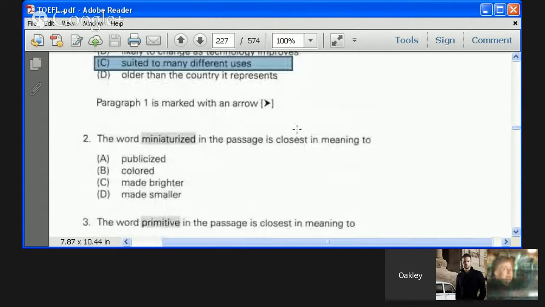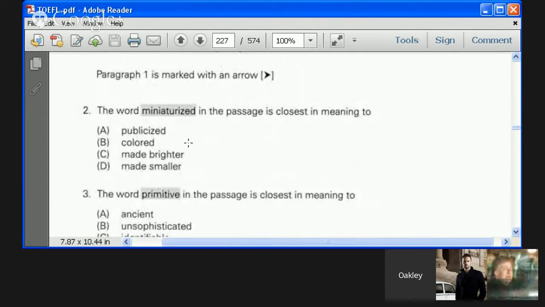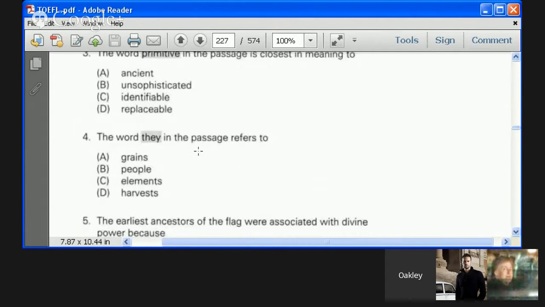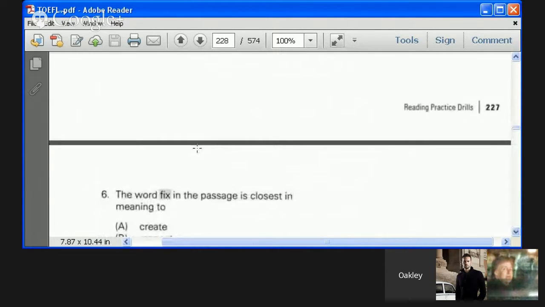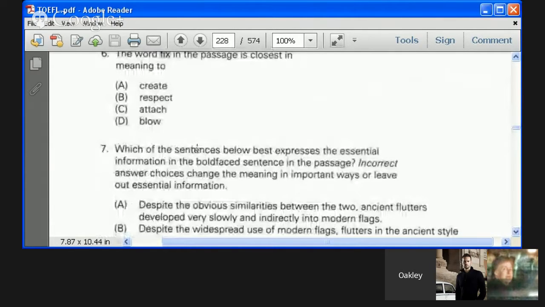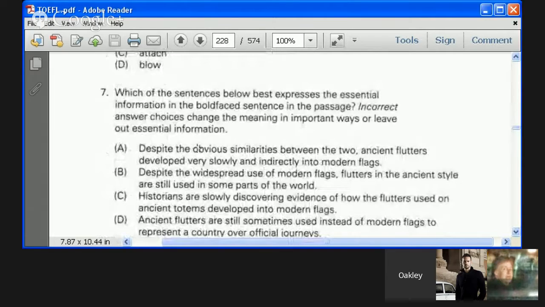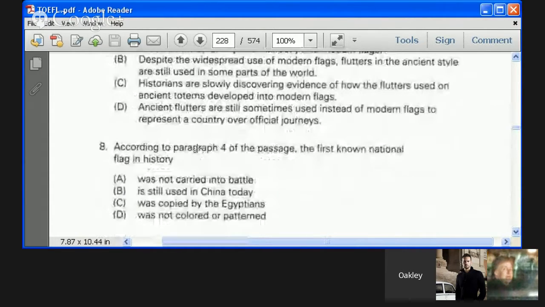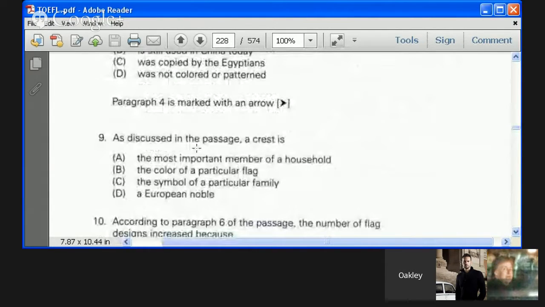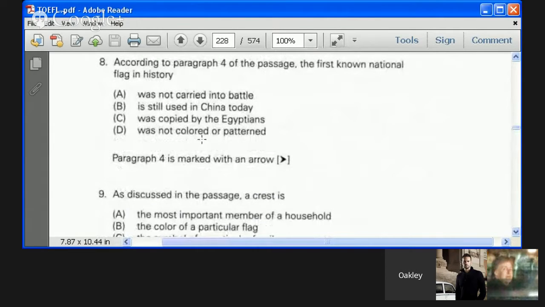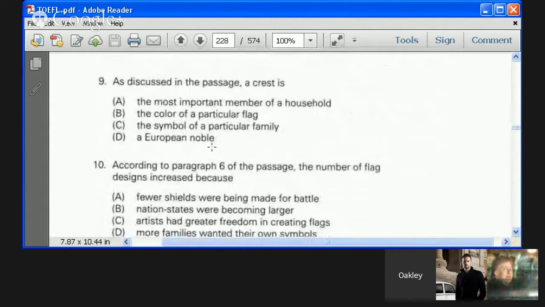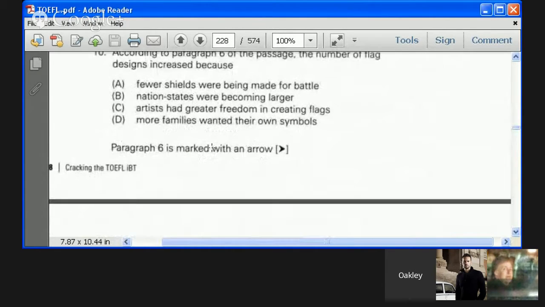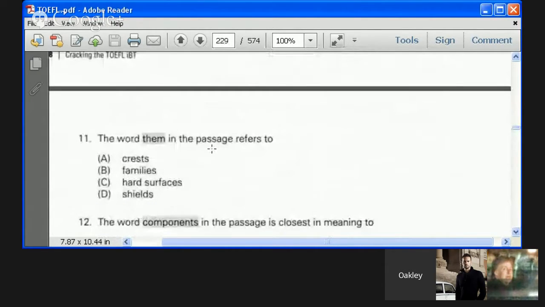Okay. Let's see if we can do these really fast, because I'm looking for a certain question type. I'm not finding it.